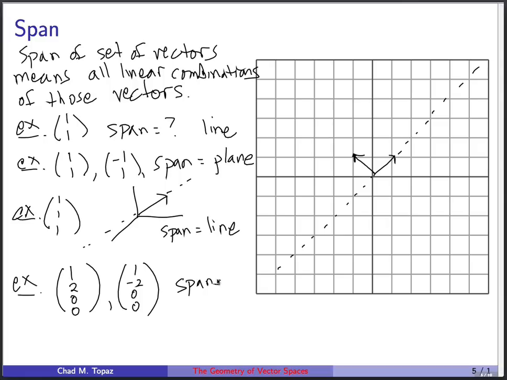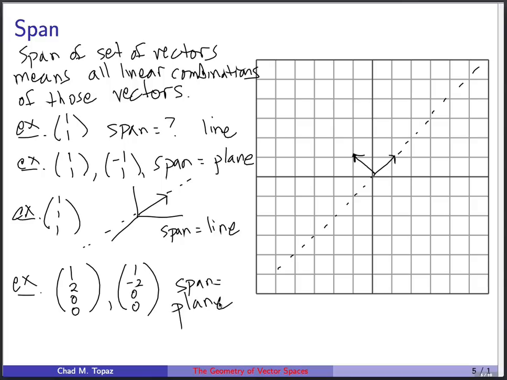Well, you can see that by taking linear combinations of these 2 vectors, no matter what linear combination you take, the bottom 2 elements will always be 0. So really what you'll be able to get to is locations that have any value in the first element and any value in the second element. That's basically a plane. It's like you get to choose an x value and you get to choose a y value. So the span of these things would be a plane.